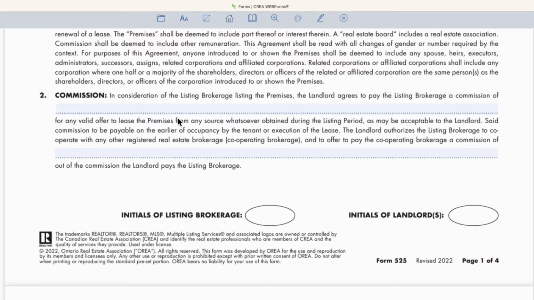Got it. All right. Speaking of commission, which is the next item. In consideration of the listing brokerage listing the premises, the landlord agrees to pay the listing brokerage a commission of.